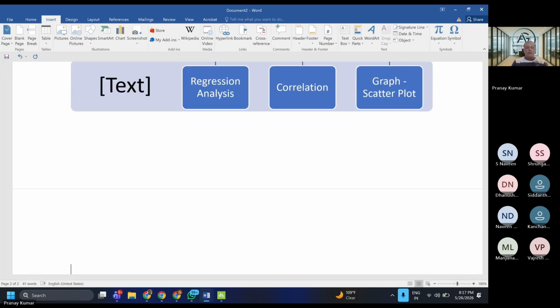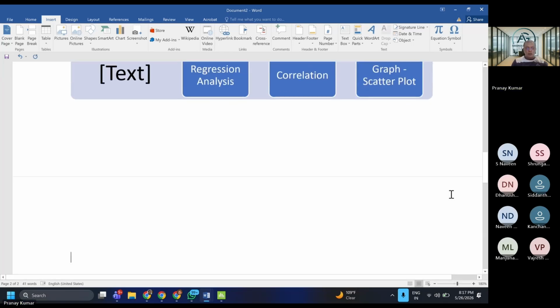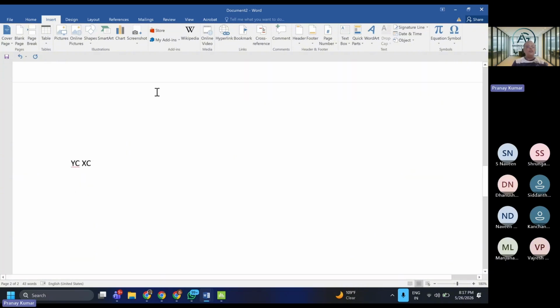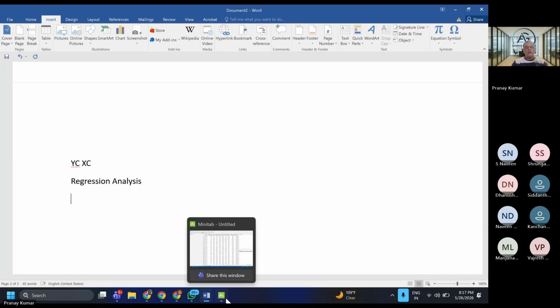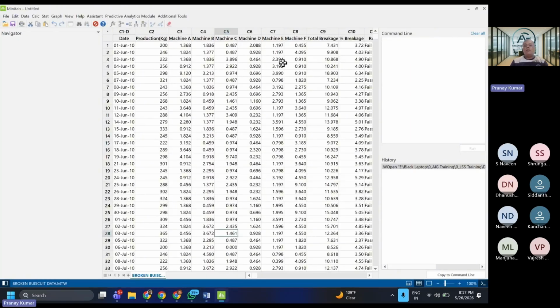I'm saying Y continuous, X continuous. Test number one, the option number one that we have, is referred to as regression analysis. My project Y is C9 total breakage.